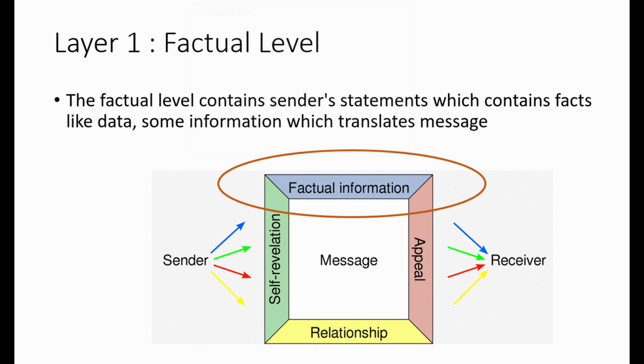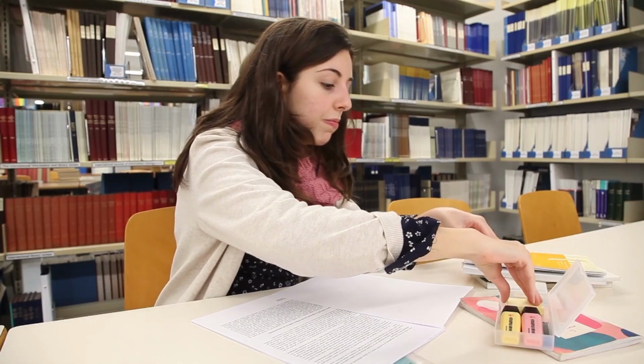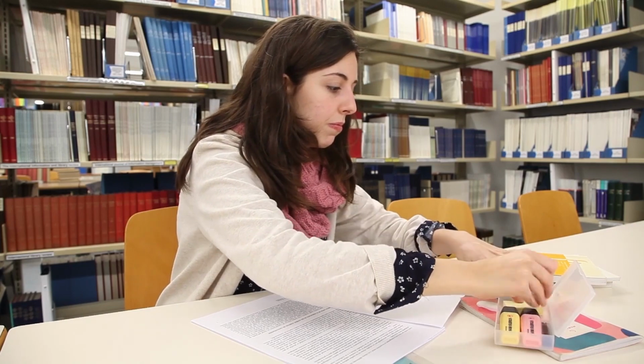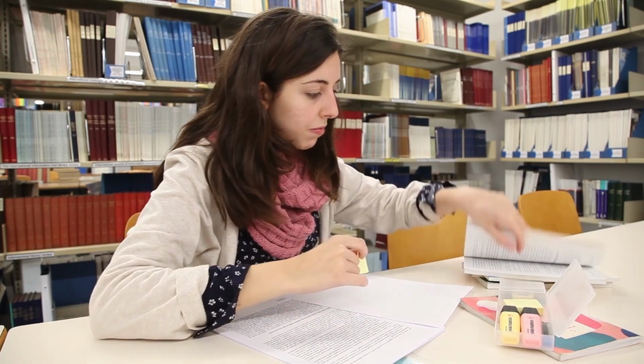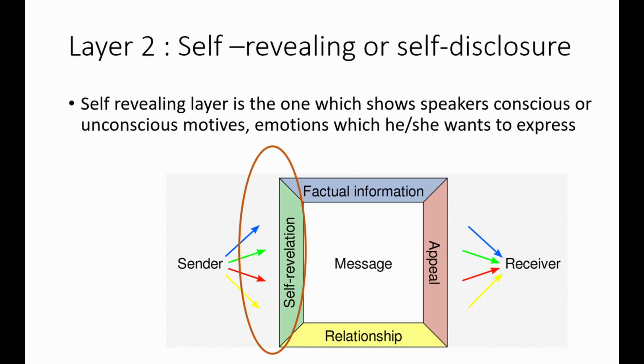What does factual level mean? It means facts, data. So the factual level contains the sender's statement, which is what you are intending to communicate. Then it comes to the self-revealing layer.